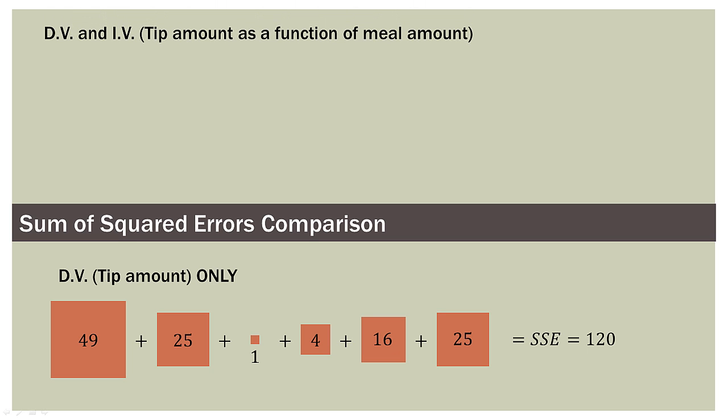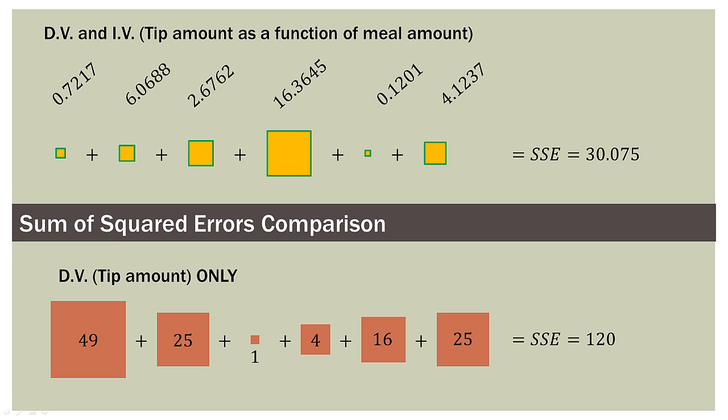Now for our regression model, where we have the DV and the IV, so the dependent and independent variable, where the tip amount is a function of the meal amount, now we have a sum of squared errors, or SSE, of 30.075. See how this works? That's the entire point of simple linear regression, to create a model, to create a line through our data that reduces the SSE as much as it possibly can.